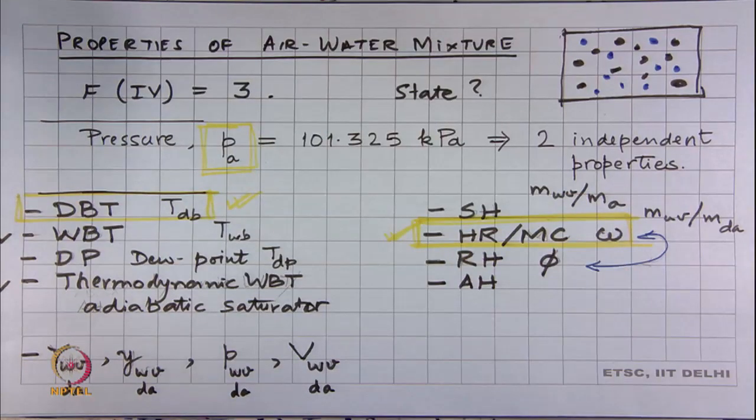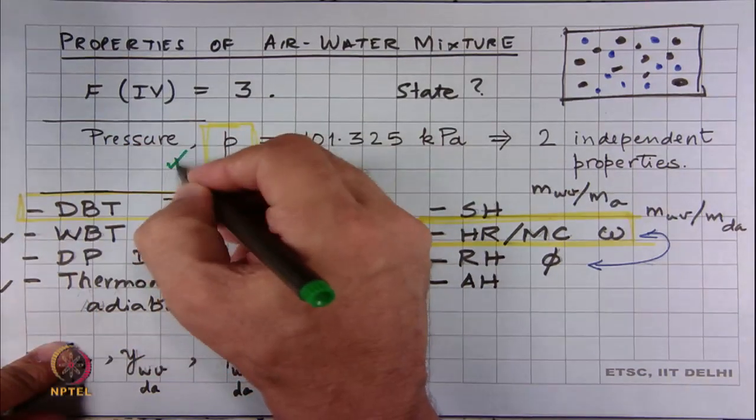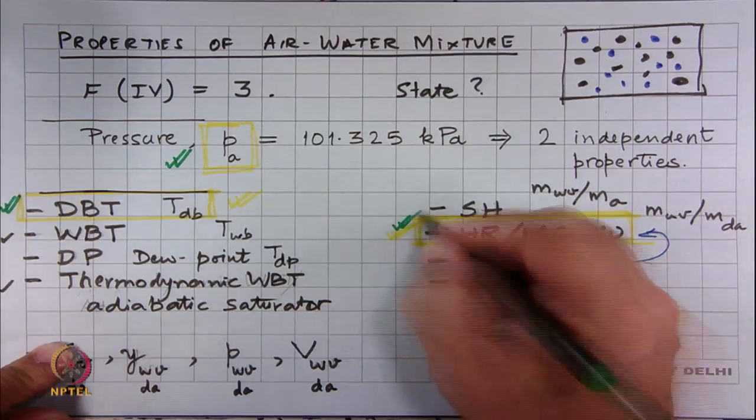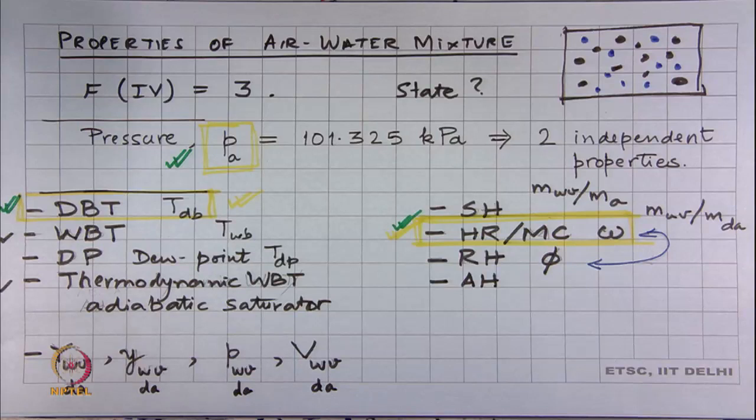So, here we have converged to three independent properties, which are the pressure, the dry bulb temperature, and the humidity ratio or the moisture content. If we specify these three, then the state of the system is completely uniquely specified.